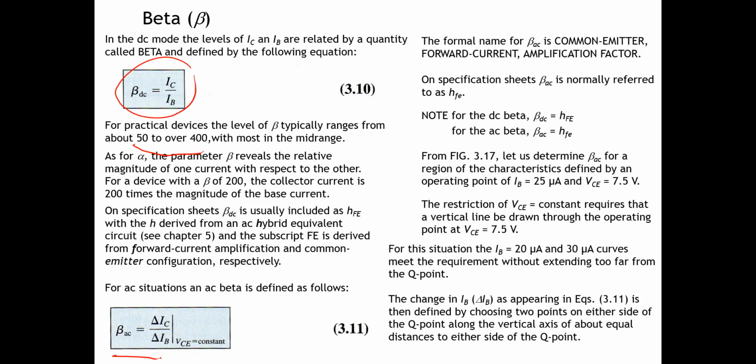We can call beta AC the common emitter forward current amplification factor. In the datasheet, beta AC is referred to as hfe, all in small letters, and beta DC is hFE, with a large FE.